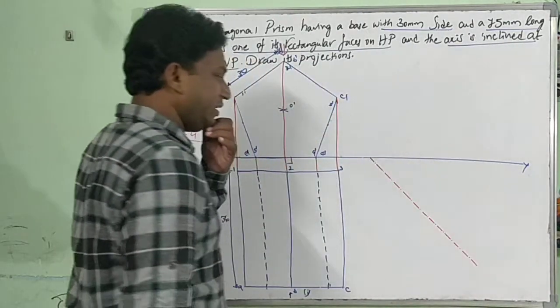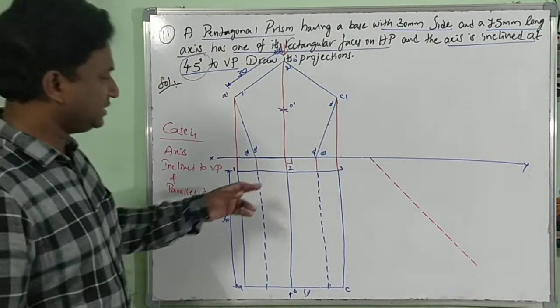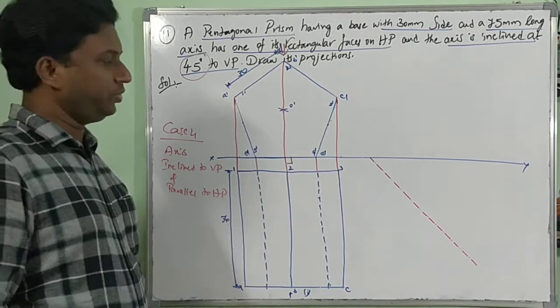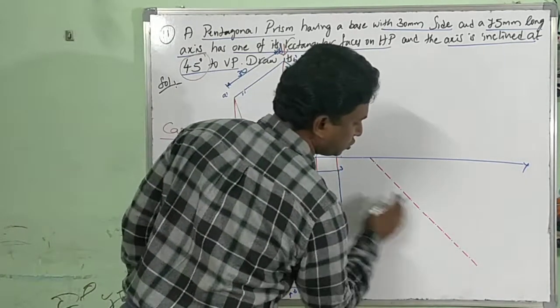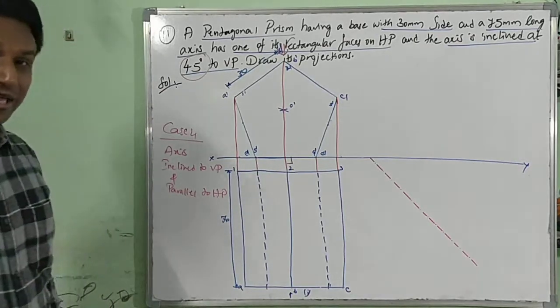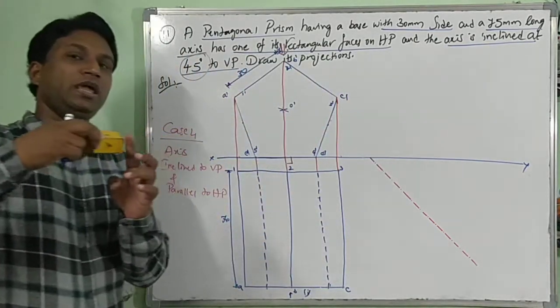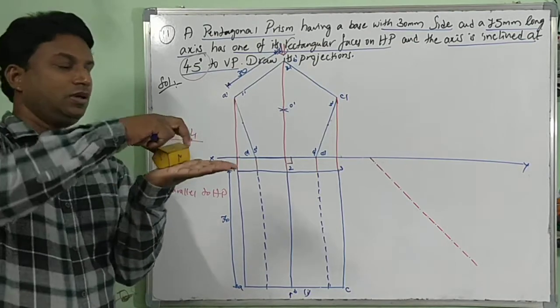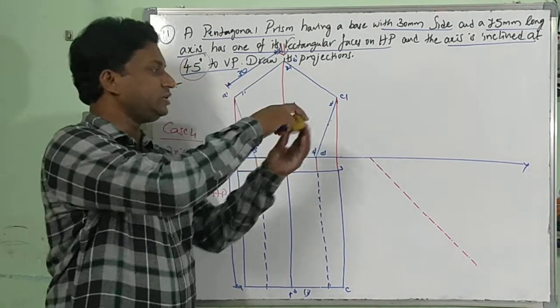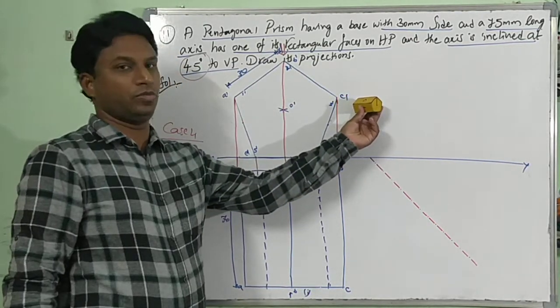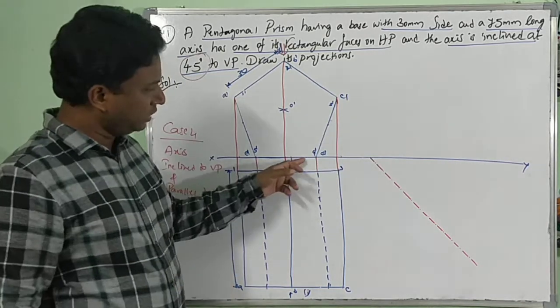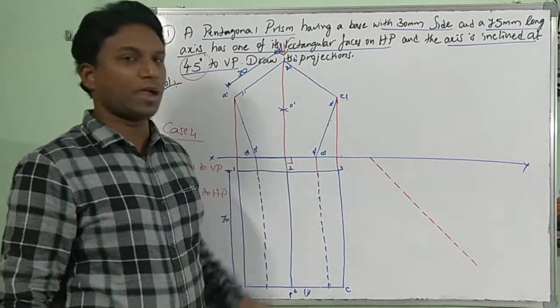On this axis line, what will happen now? The axis line is the same as B2. Now the B2 line has to be here. Is there any condition such that any corner of the base is in contact with VP? No, because we are giving a gap, and that same gap has to be maintained.